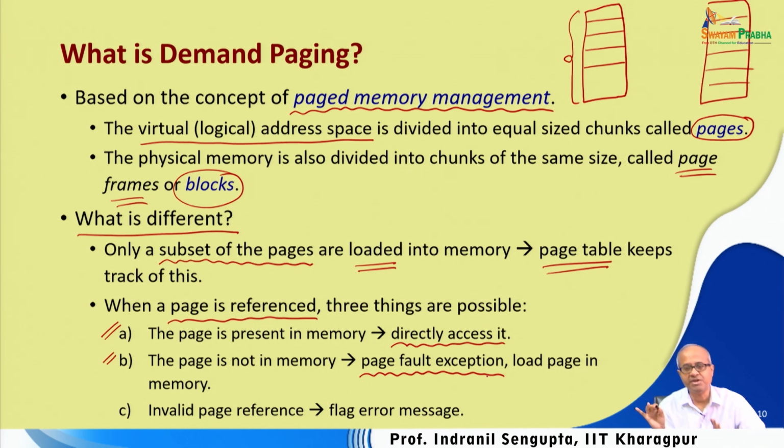Now, the operating system will decide whether it is actually a page fault exception, that means the requested page is not in memory. If so, it will load the page from secondary memory. But it is also possible, as I said, that in the process address space there can be some parts where no data are stored, those are invalid areas.